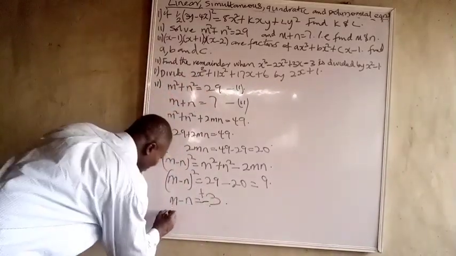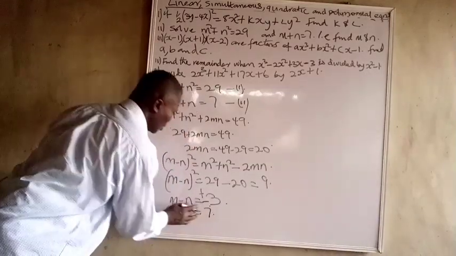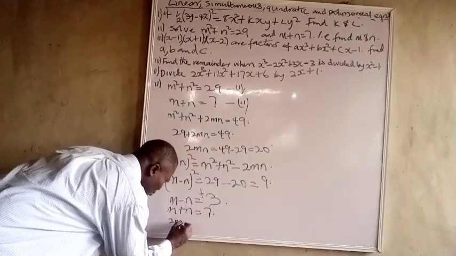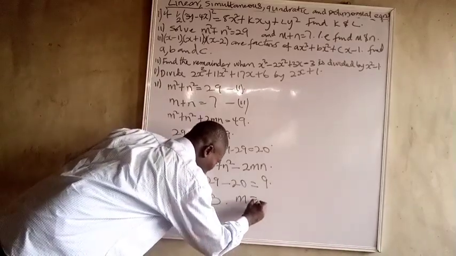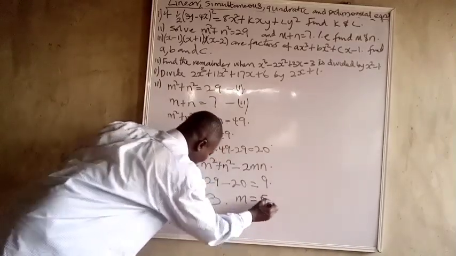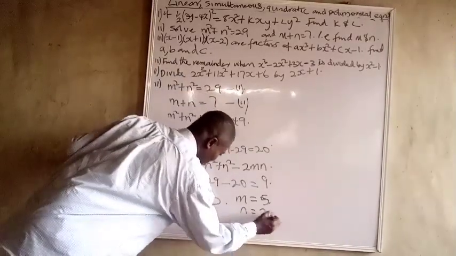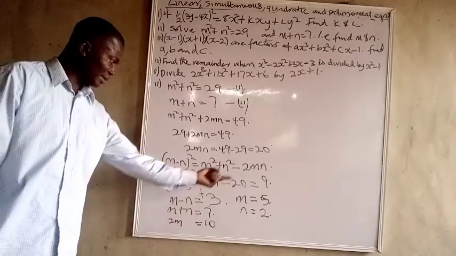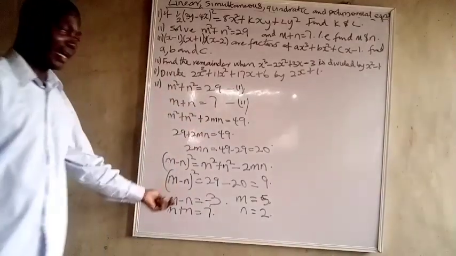And we have m plus n is equal to 7. So let's take plus 3 first. When we add the two, 2m is equal to 10. m is equal to 5. And if m is equal to 5, n will be equal to 2, that is if you substitute it here. Now let's see if m minus n will be the negative. So now I am choosing minus 3.